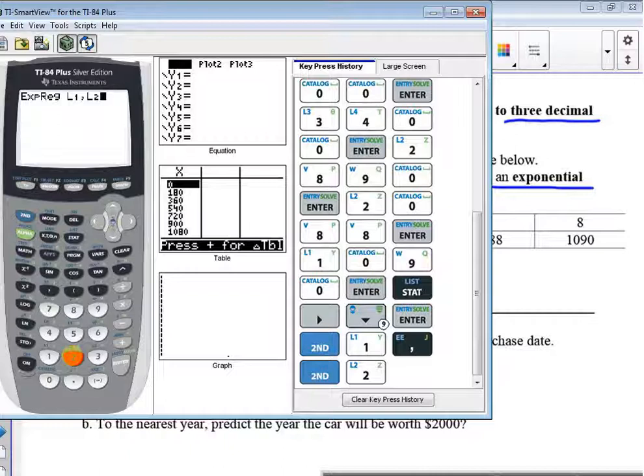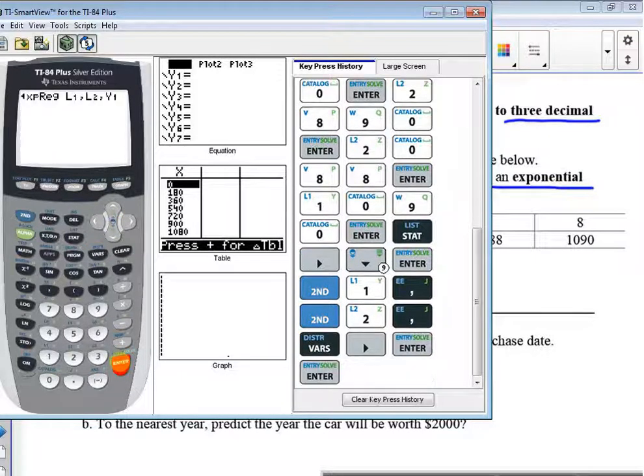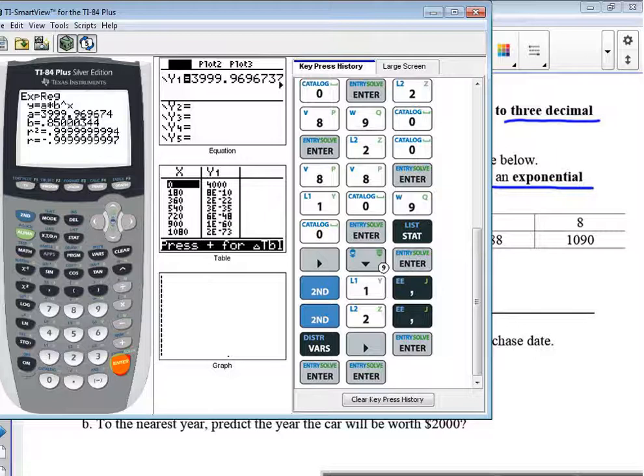Make sure the frequency list on the new operating systems is empty. And then we're also going to do comma while we're here, vars, Y vars, function, Y1. And we'll store the equation as well.